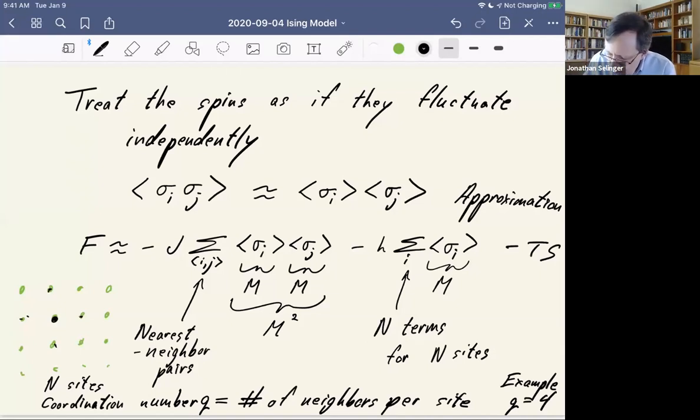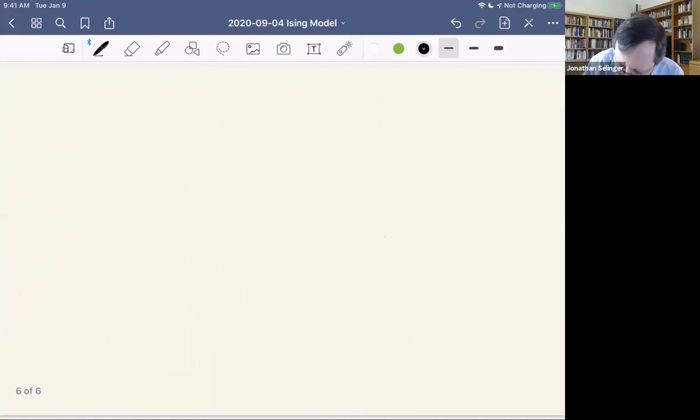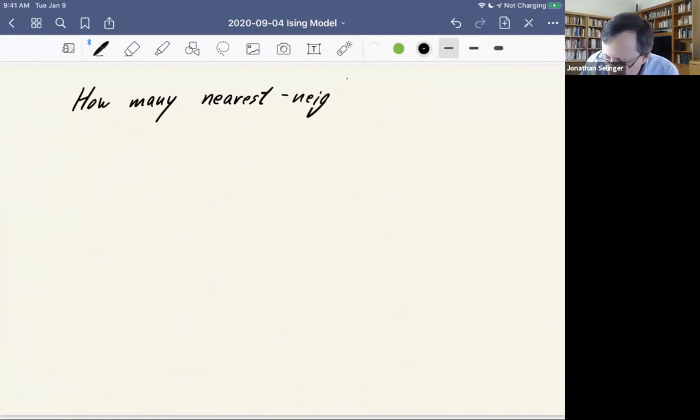All right, so then if we want to say how many nearest neighbor pairs are there in the whole lattice?